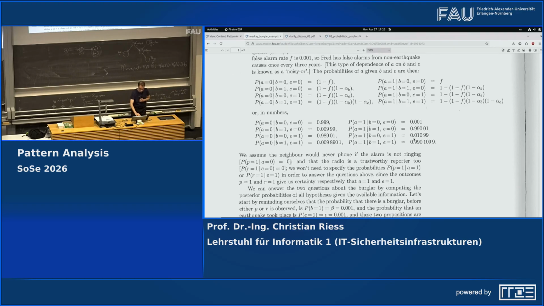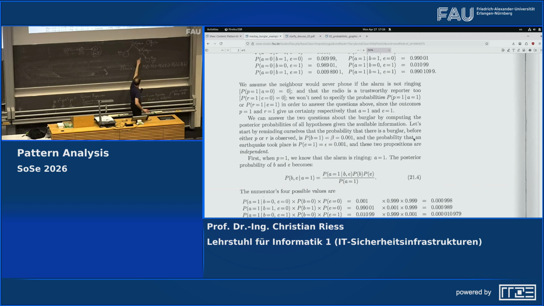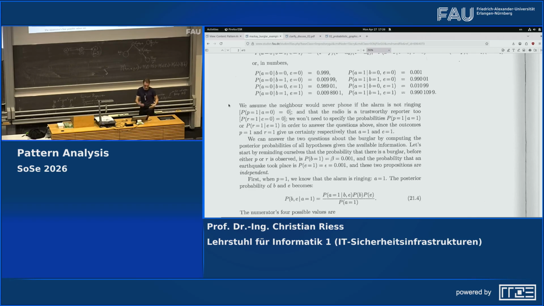Let's continue. So these are the values for this middle node. Now, we assume the neighbor would never phone if the alarm is not ringing. So the neighbor is perfectly reliable. And that the radio is a trustworthy reporter too.